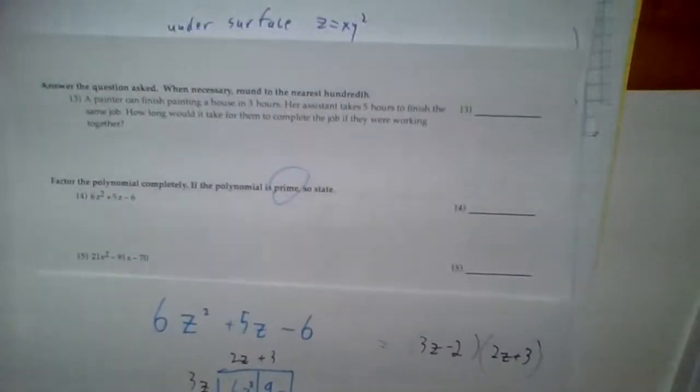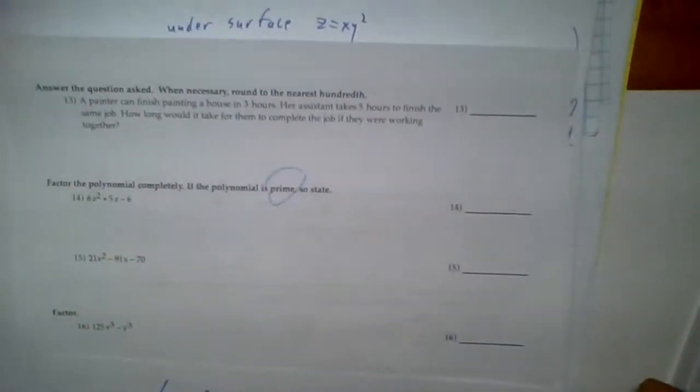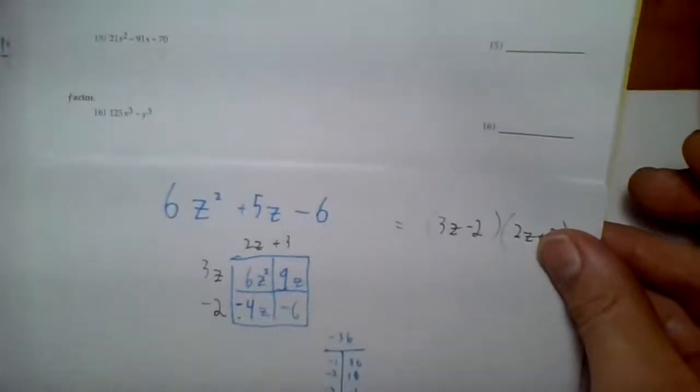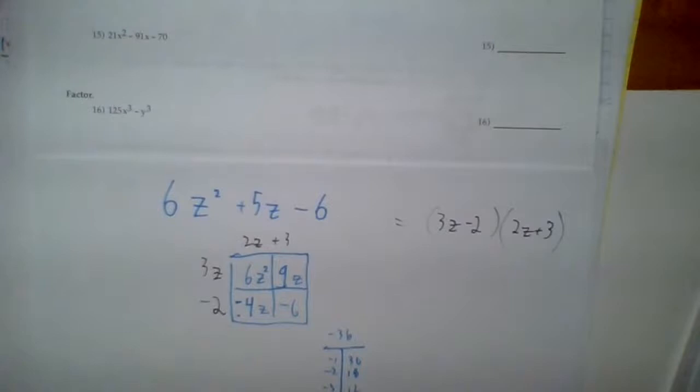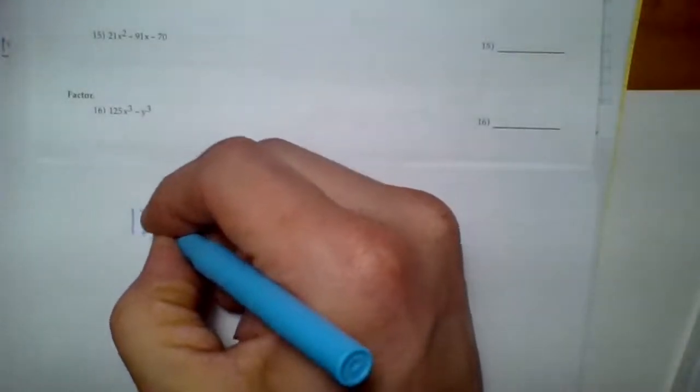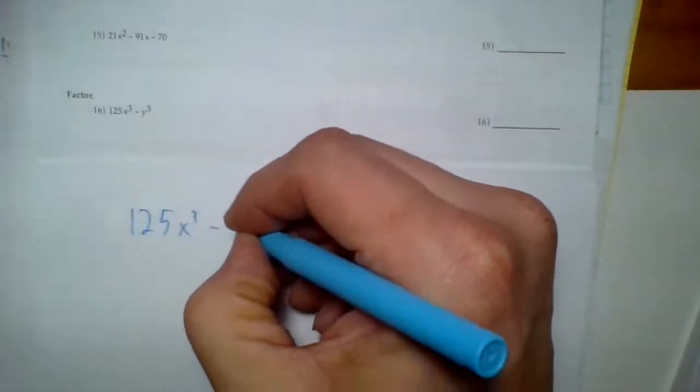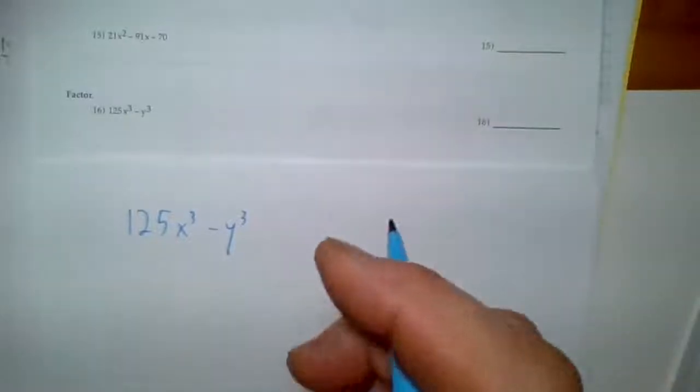This one's a little different kind of factoring problem here. And I want to get this number 16 right here. Copy this down. It's 125x cubed minus y cubed.